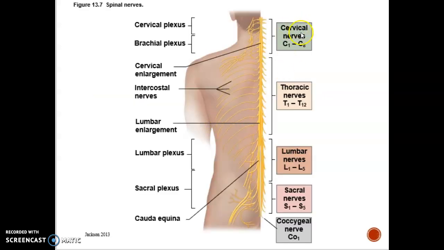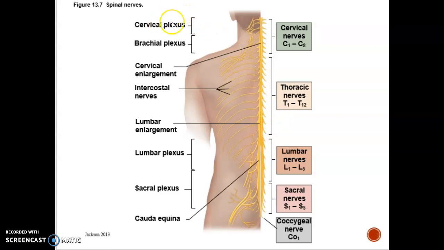So here they are: cervical nerves, C1 through 8, thoracic nerves, T1 through 12, lumbar, sacral, and then coccygeal down here at the bottom. Instead of learning the names of each one of these like we're going to have to do with the cranial nerves, I just want you to learn a plexus.